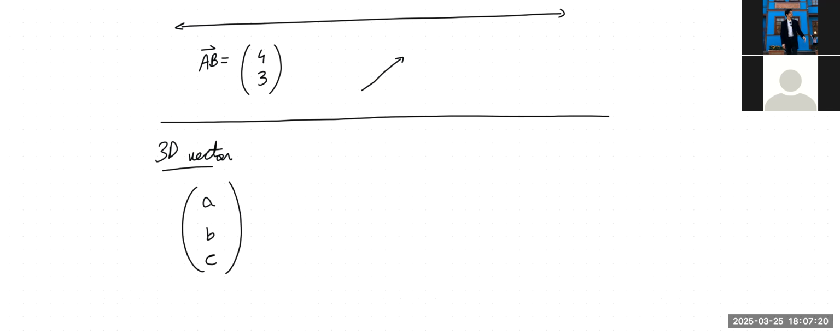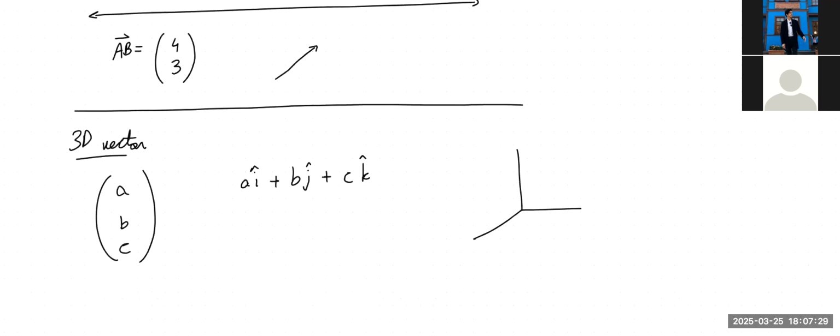Similarly, we say AI plus BJ plus CK. So K is the third direction. On a graph, now we will need a 3D graph. So we will have an I direction, a J direction, and a K direction, and a vector could be defined as anything in this space like this. The tip of the vector will be at this point in 3D space.